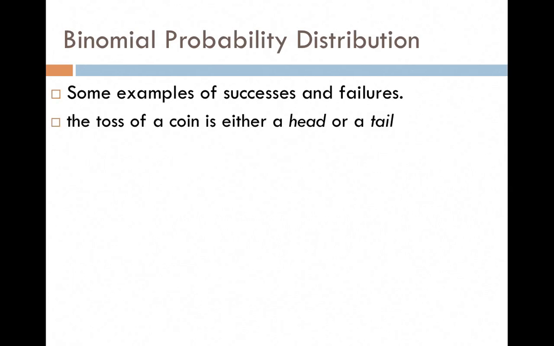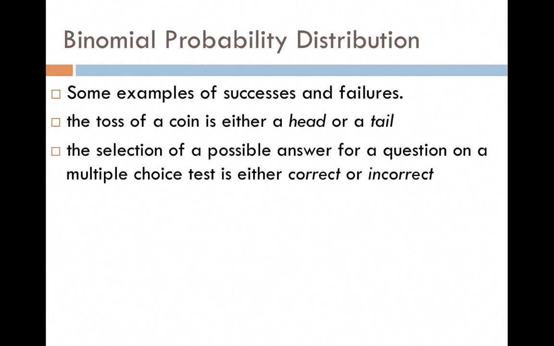Okay, some examples of successes or failures. Suppose that the toss of a coin is either heads or tails. Maybe we're interested in getting heads, so success would mean getting a head. If we were interested in getting tails, success would mean getting tails, and the other outcome would be the failure. Okay, let's consider a multiple choice exam.